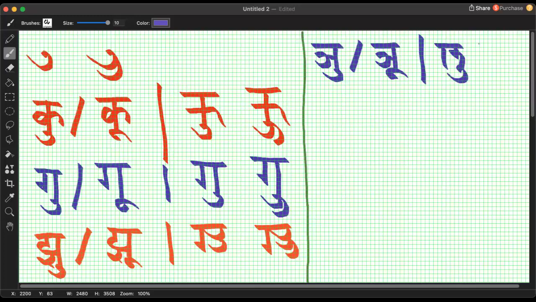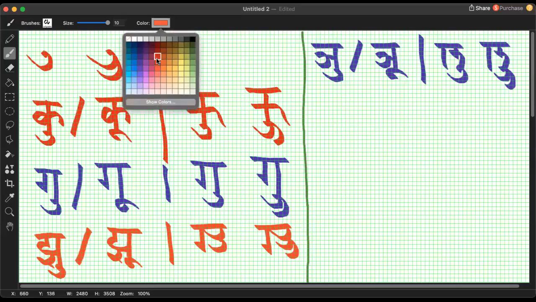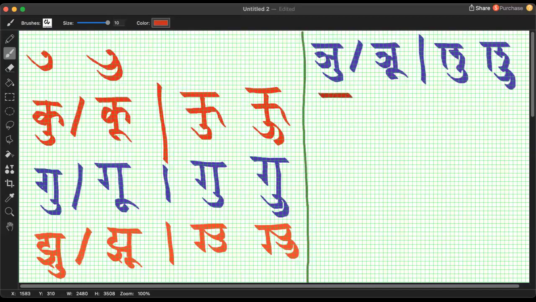This is new. Next we have D. This is Devanagari do.